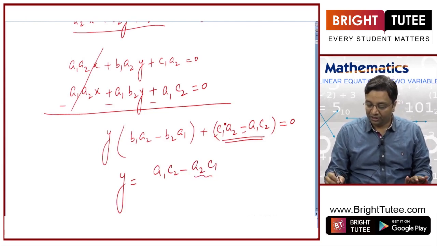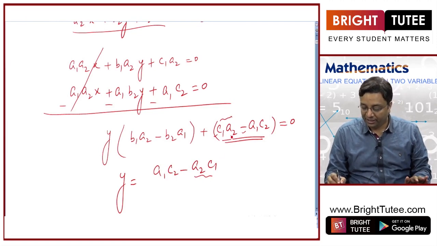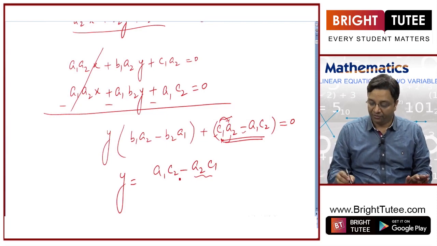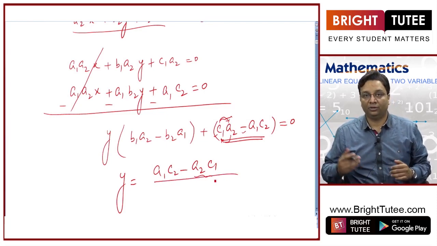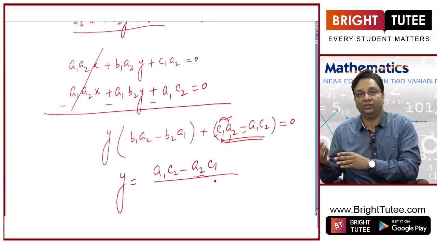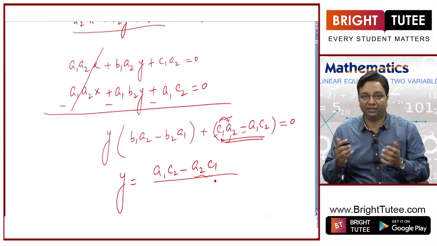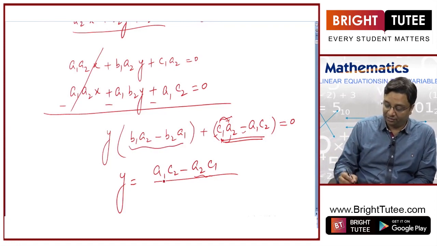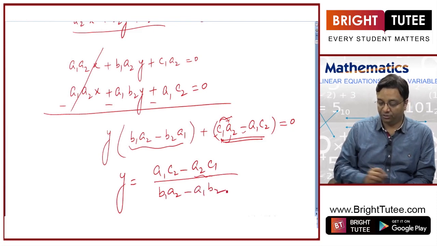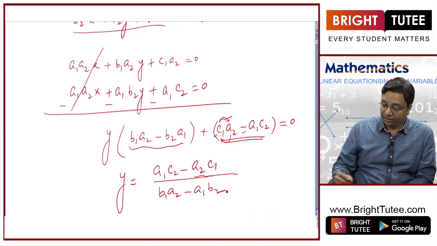This a2 c1 is nothing but c1 a2, one and the same thing. Why am I writing it like this? Just so it becomes easier for you to memorize a1 c2 minus a2 c1. It sounds symmetric, right? a1 c2 minus a2 c1 divided by this term here, b1 a2 minus a1 b2, right? Now this is the value of y.